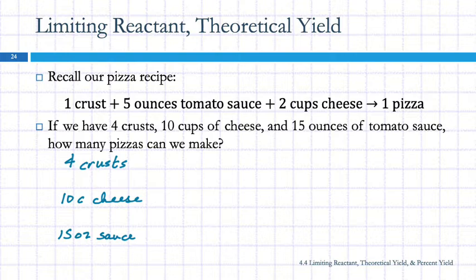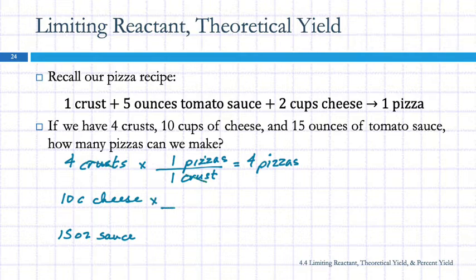We're going to go from crusts to pizzas, from cheese to pizzas, and sauce to pizzas. So the recipe tells us that there's 1 crust needed for every 1 pizza. So I get 1 pizza from 1 crust, and I could make 4 pizzas.